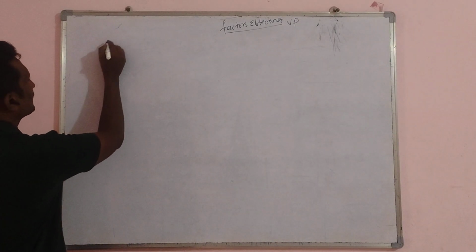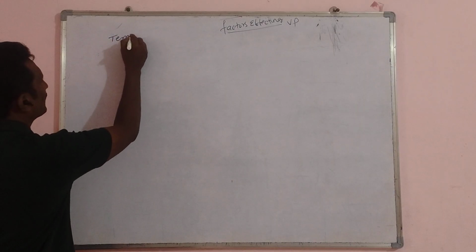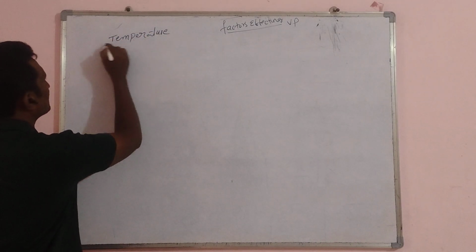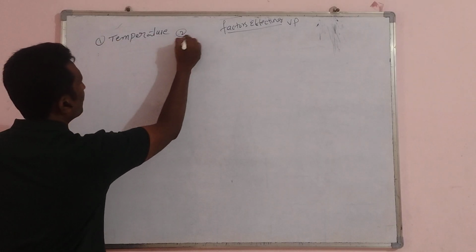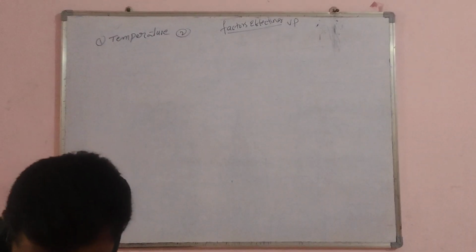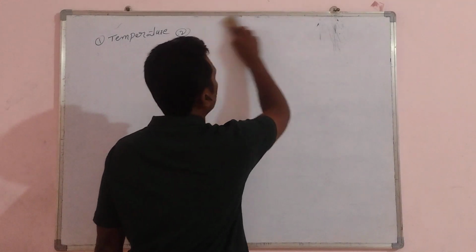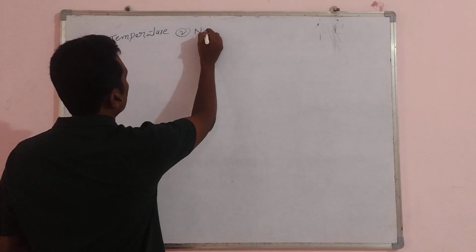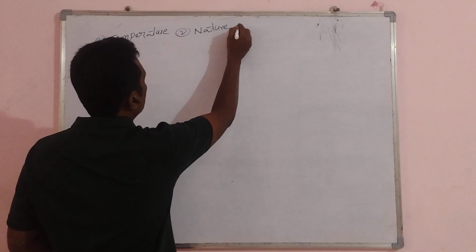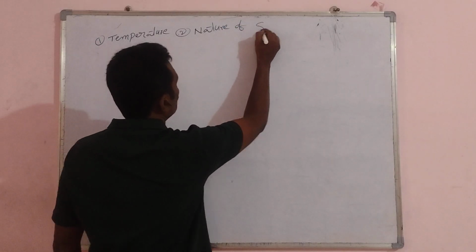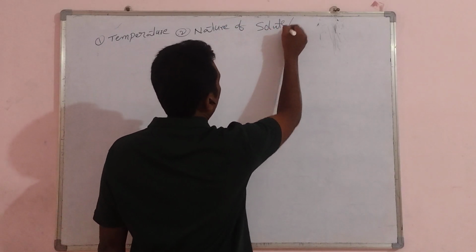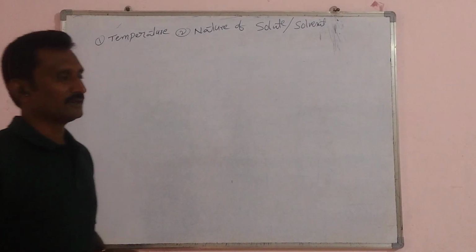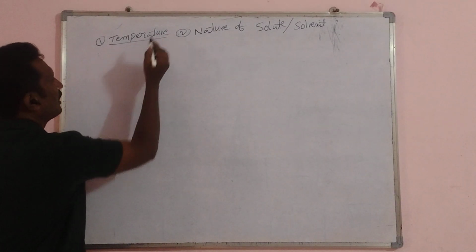The first affecting factor is temperature, and the second affecting factor is the nature of solute and solvent, both the nature of solute and solvent. So first of all, temperature.